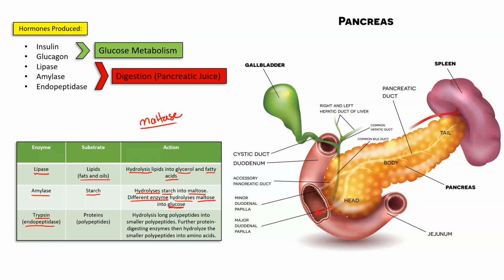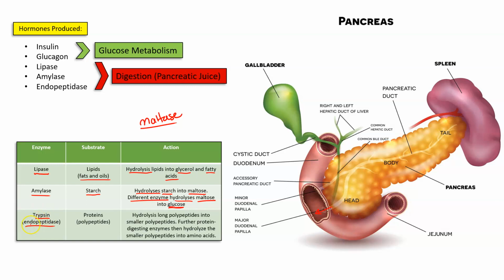So when we talk about carbohydrate digestion, amylase breaks down complex starch polysaccharides into individual maltose disaccharides. Then maltose is broken down into individual glucose monomers using an enzyme called maltase, kind of as a secondary process on that carbohydrate digestion as a whole.